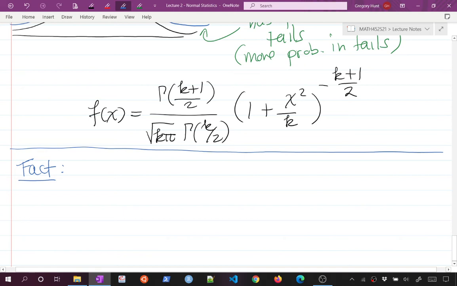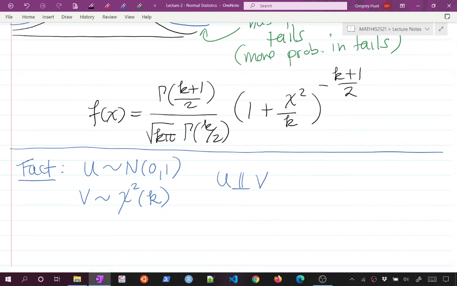So if I have, let's call it U, and U is going to be a standard normal random variable. So today we're talking about normal statistics. And if V has our new favorite chi-squared distribution, with some degrees of freedom, k. Let's assume that U is independent of V. U is standard normal, V is chi-squared, and U and V are independent.